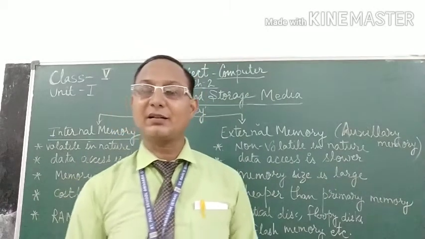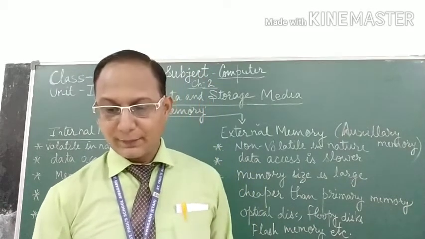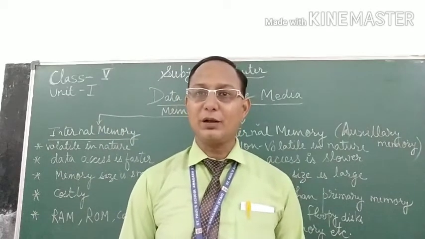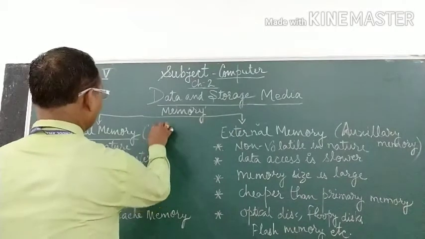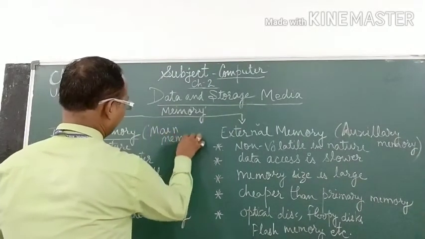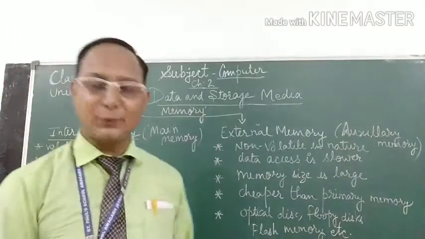Yes, it is inside the CPU and it is directly accessible by the CPU or the processor, and it is called main memory. What is it called? It is called main memory. Internal memory is called main memory or the primary memory.